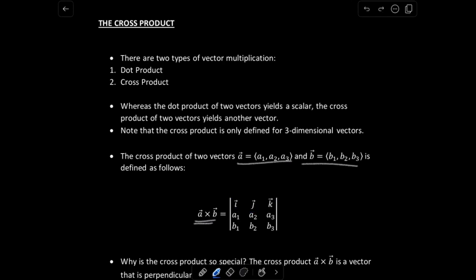So how do we get this 3 by 3 matrix, and then calculate the determinant? In the first row, we're going to have the standard basis vectors i, j, and k.